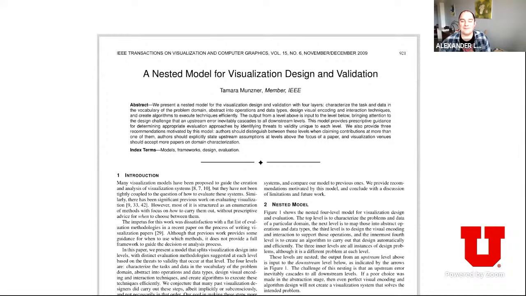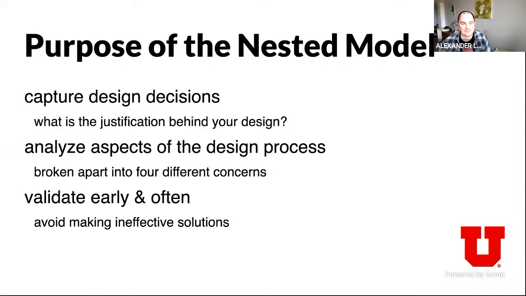So what is this nested model? The purpose is to capture all of the different design decisions at the different stages of the design process, and then rationalize the justifications of your design. This is a paper by Tamara Munzner.